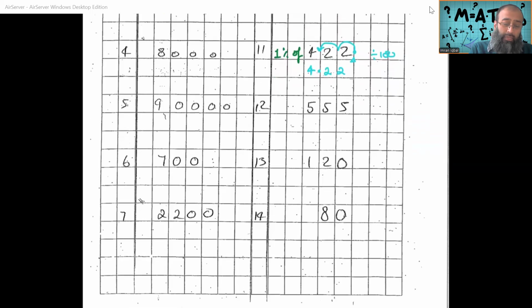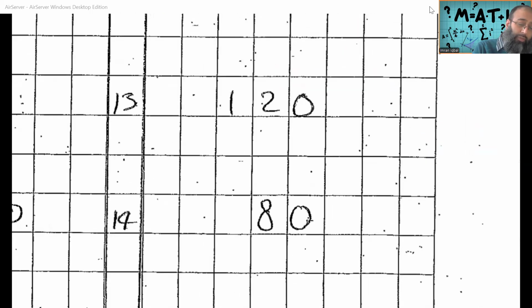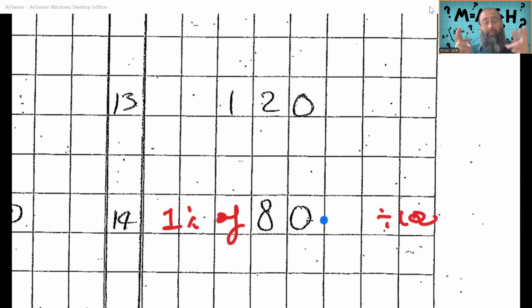Okay, let's have a look at this next question. We want to work out 1% of 80. So 1% of 80, we have to divide it by 100. We don't have enough zeros to remove because we need 2. So we decimalize the whole number by putting the decimal point where it actually is. It's like hidden at the end.